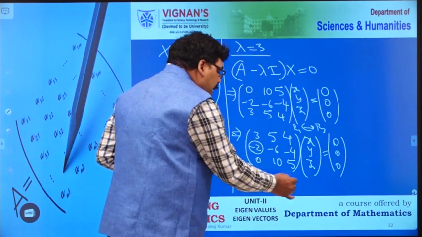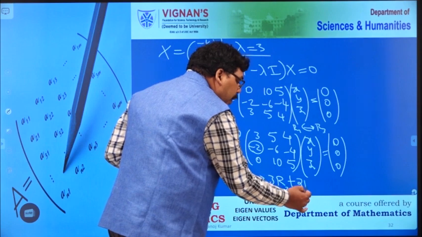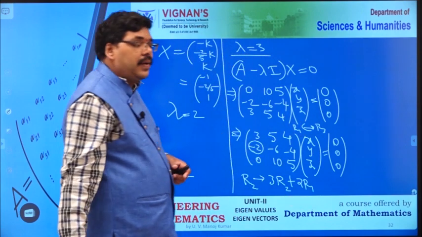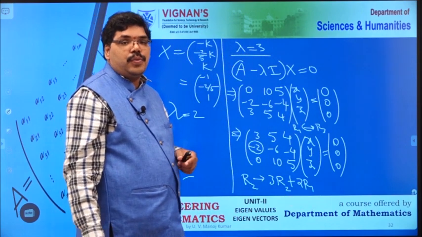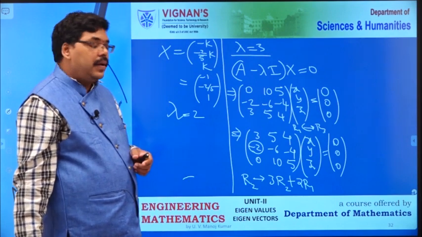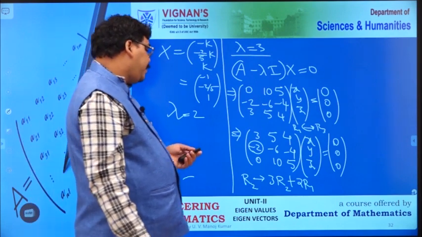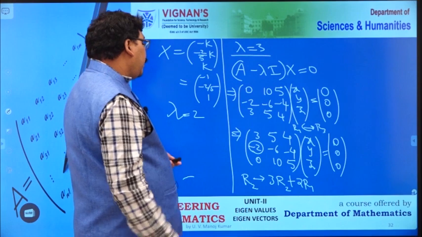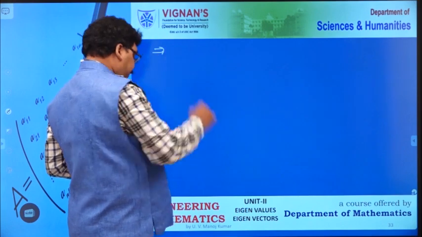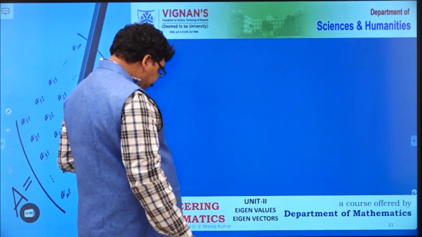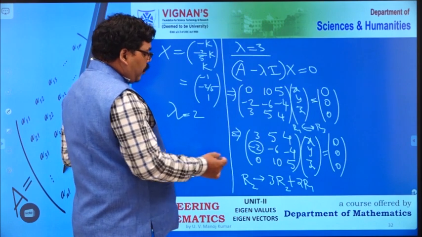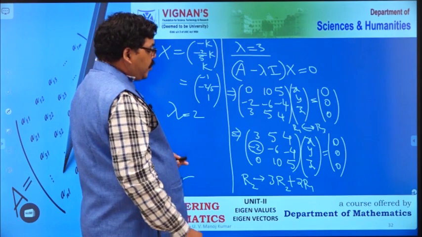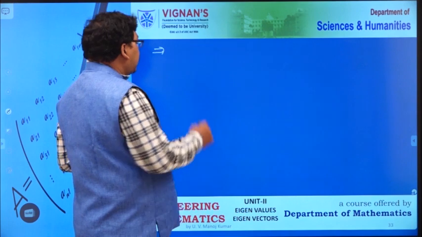So for this I will add 2 times R1. For 3 times R2, add 2 times R1. So then what will I get? No change for the first row, 3, 5, 4 as it is.